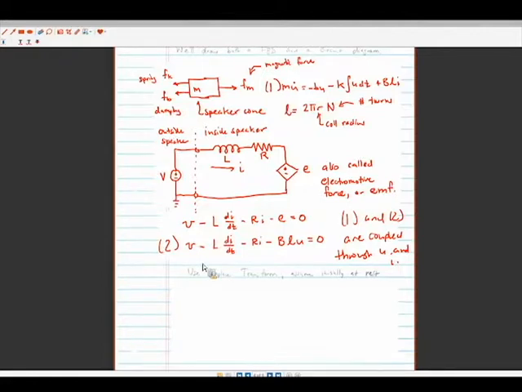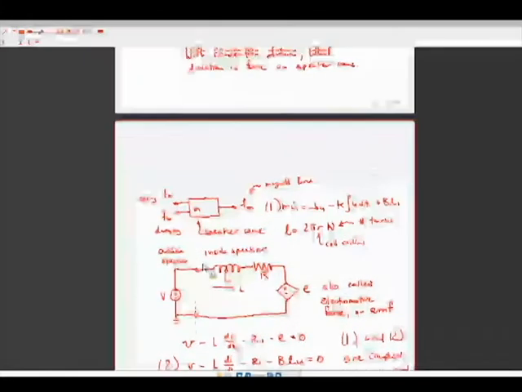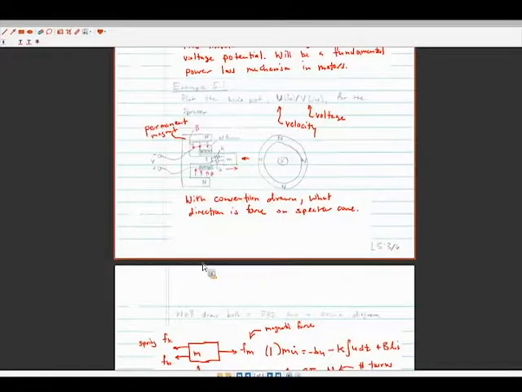All right, so we left off in Friday's class trying to figure out the dynamics of a speaker. Going back to the problem statement: we have a speaker, and we parameterize it with spring constants, electrical circuit quantities like resistance, inductance, number of coils, and mass.